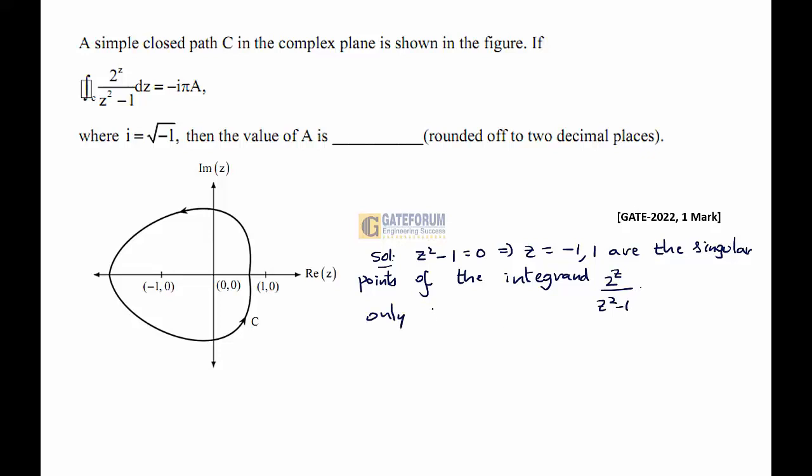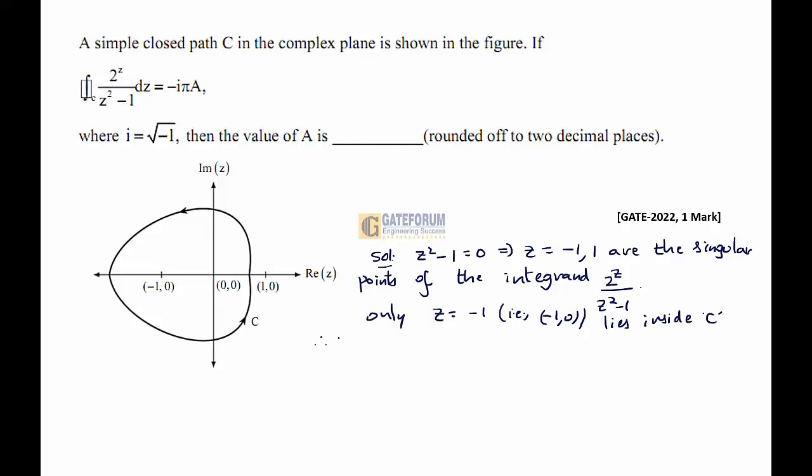So only z is equal to minus 1 lies inside C, because the point corresponding to minus 1 is minus 1, 0, and minus 1 is a real number. This is the closed curve C.